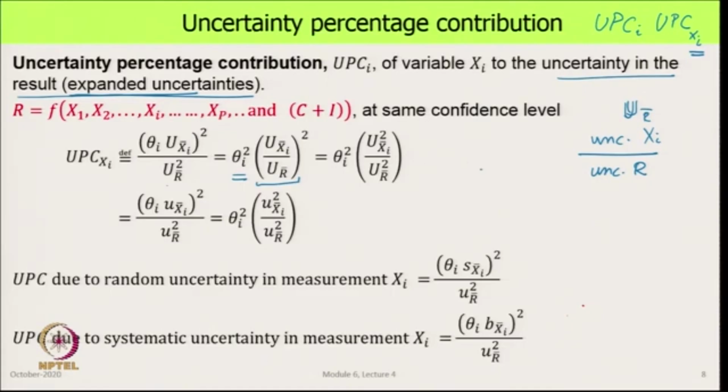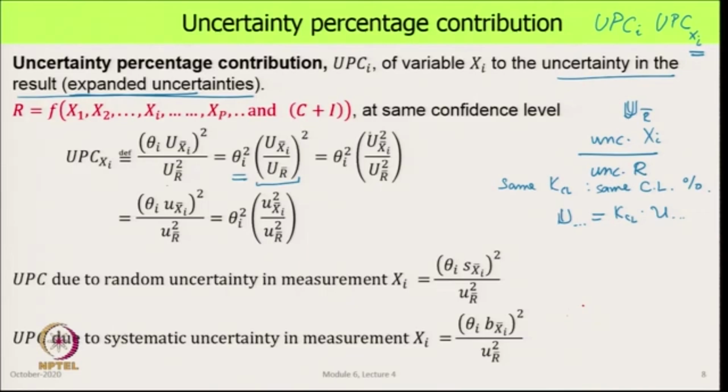Now, if we report all uncertainties at the same multiplication factor, which means at the same confidence level, which we must always do, then U, whichever way we look at it, is k CL times the standard error, whether it is a measurement or the result.